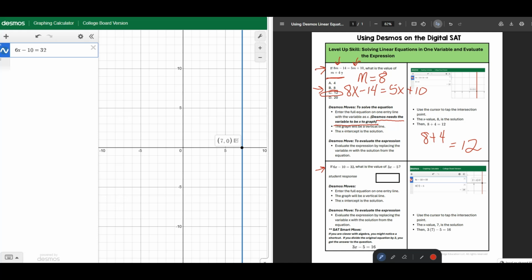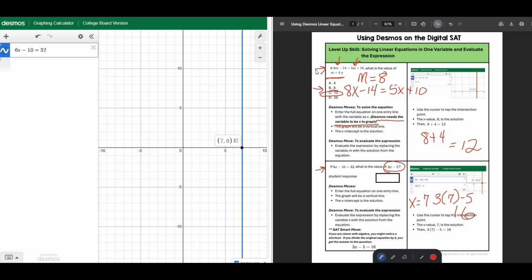So for here I have x equals 7, but be careful, it is not asking you to type that. It wants to know what is 3x subtract 5. So now that we know that x is 7, we can do 3 times 7 subtract 5, which is 16.